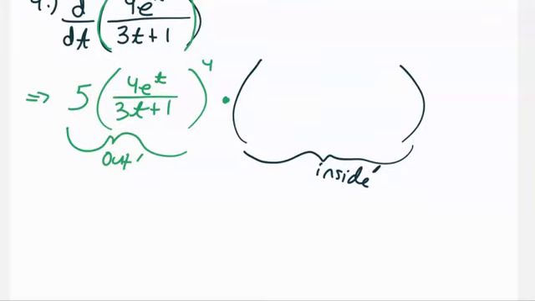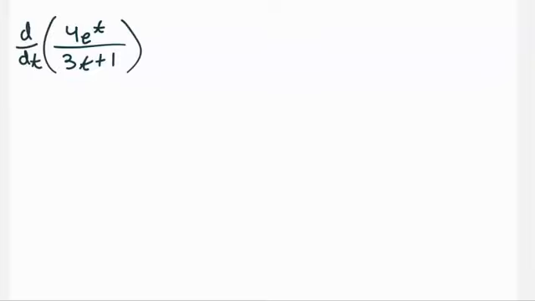So the inside on this one is 4e to the t over 3t plus 1. So d/dt, or you could use this little dash notation, whichever one you like. So we're trying to take the derivative of this. Notice that uses quotient rule.